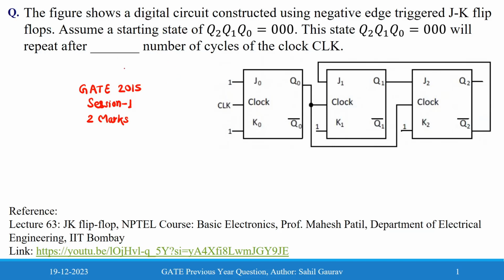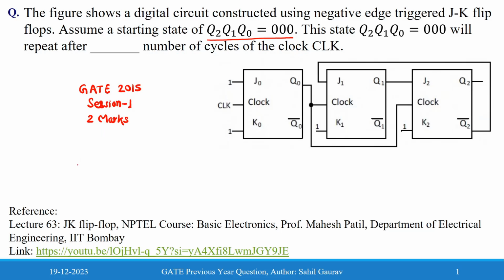The problem says that the figure shows a digital circuit constructed using negative edge triggered JK flip-flops, assuming a starting state of Q2, Q1, Q0 equal to 0, 0, 0. This state 0, 0, 0 will repeat after how many cycles of the clock CLK.